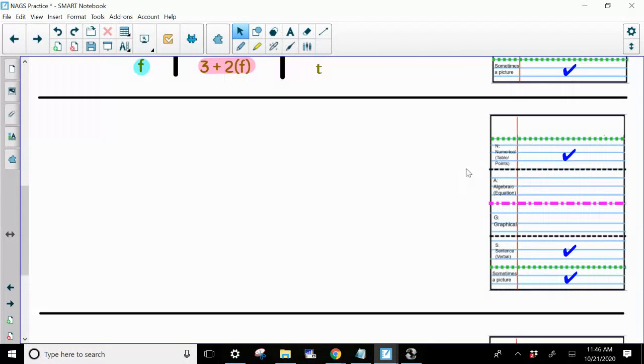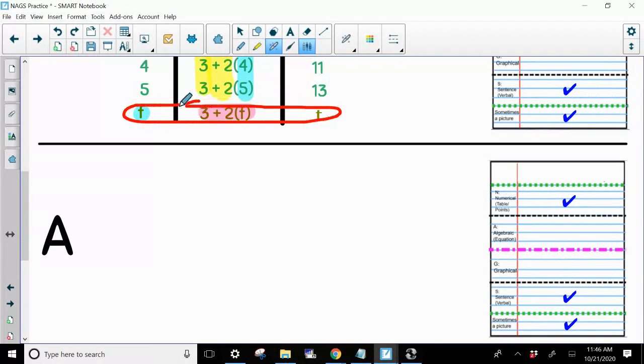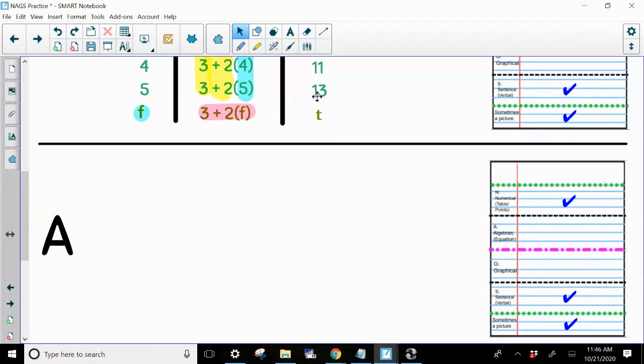We are going to look at our algebraic equation. Our A, we have our algebraic equation right here. It's this line right here that's going to help us figure that out. We have 3 plus 2f is equal to, every time we plug this in, it gave us our output over here, which is 13. In this instance, it's going to be t.